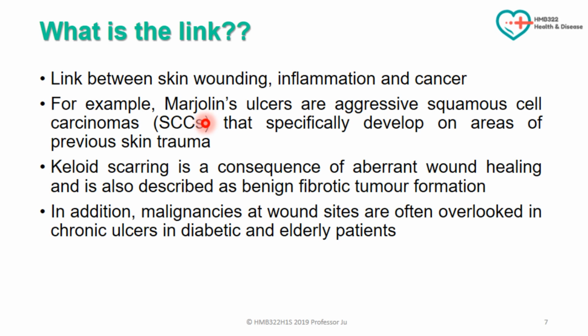So you get chronic skin damage all the time. That skin never really fully heals 100%. And these types of ulcers, where there's skin damage, tend to be raw all the time. For those individuals, they develop certain types of skin cancers like squamous cell carcinomas.